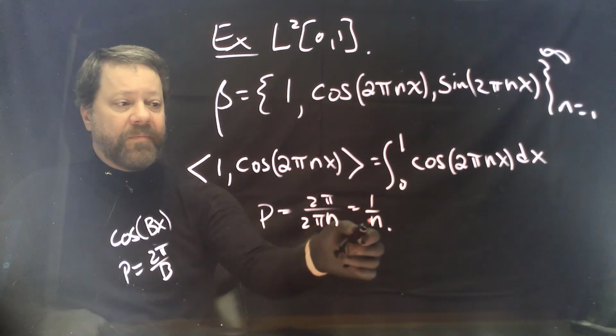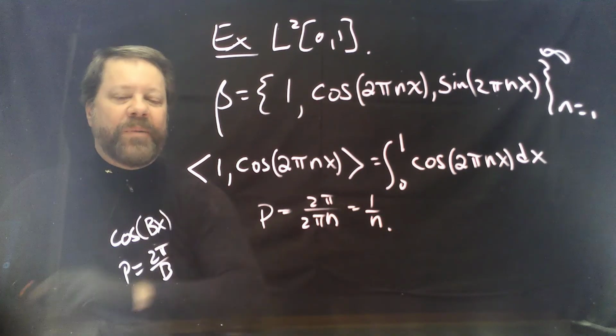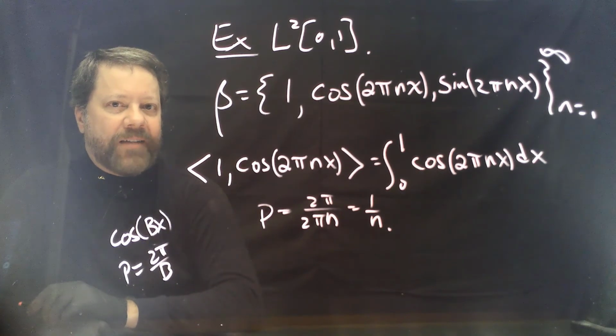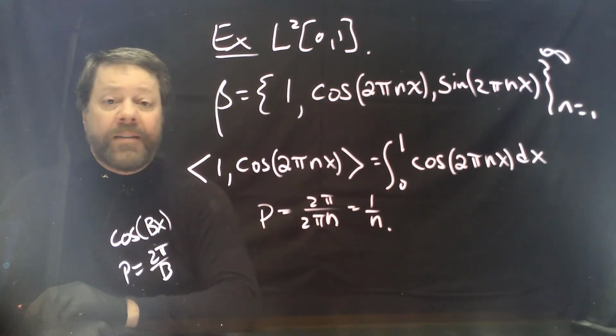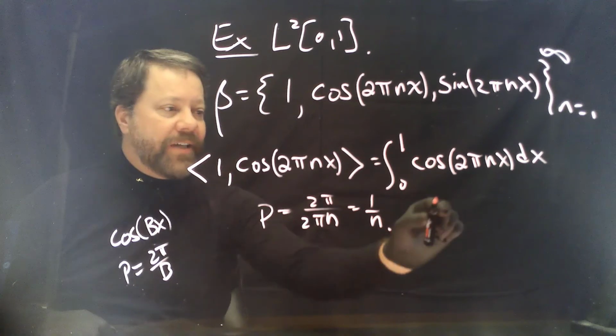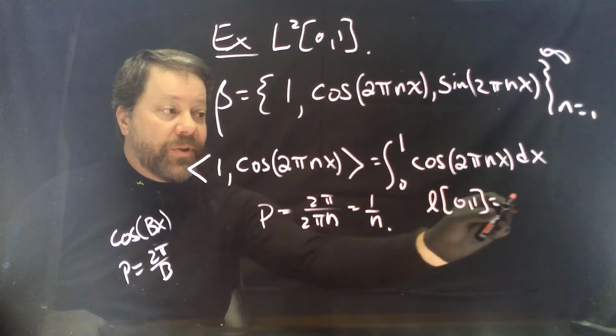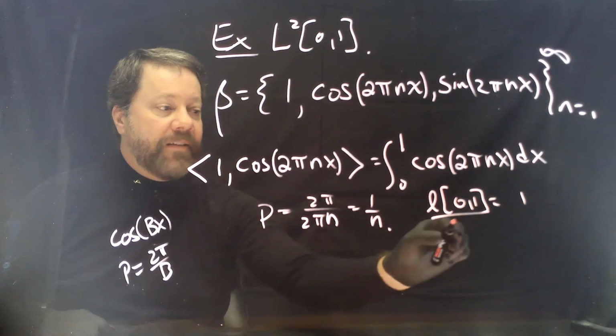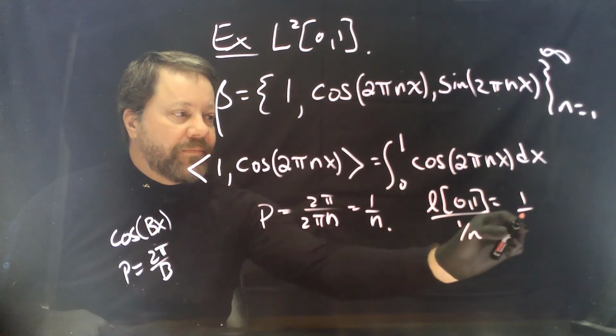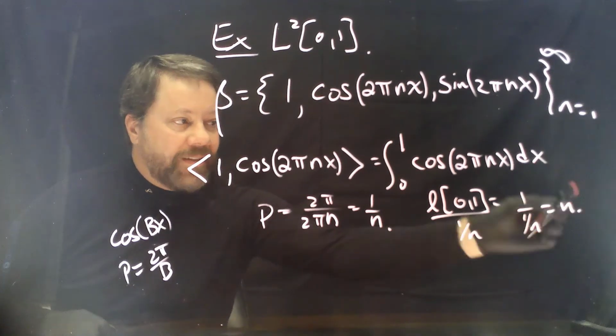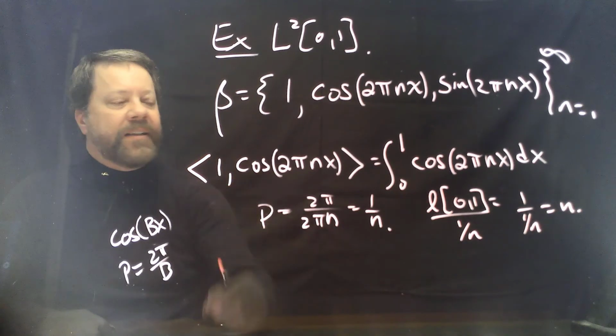That means there are n periods inside of the interval 0 to 1. To calculate the number of periods, you take the length of the interval, which is 1, and divide by the period to get the total number of periods that fit.